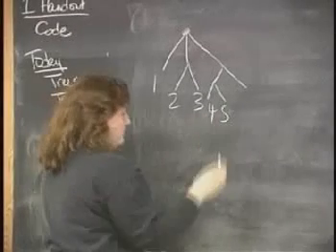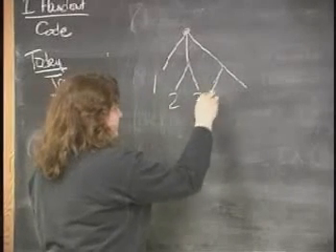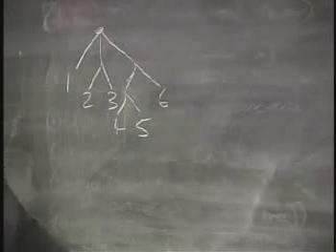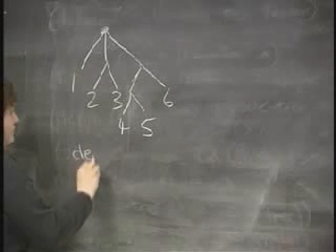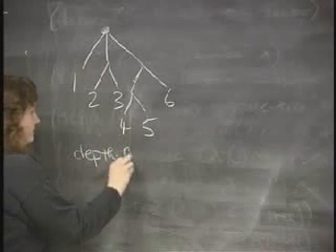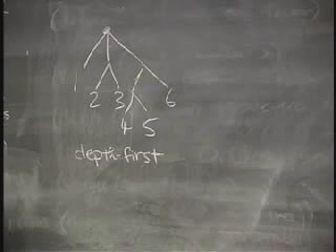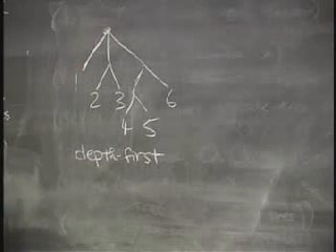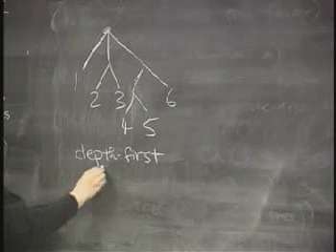Or 5, it'd be better if I drew this a little bit lower. 6. Everything that we've been doing so far would be a depth first traversal. And what that means is we go to the left branch and we go down as far as we can till we hit the leaf. Well, in this case, it's just a 1.